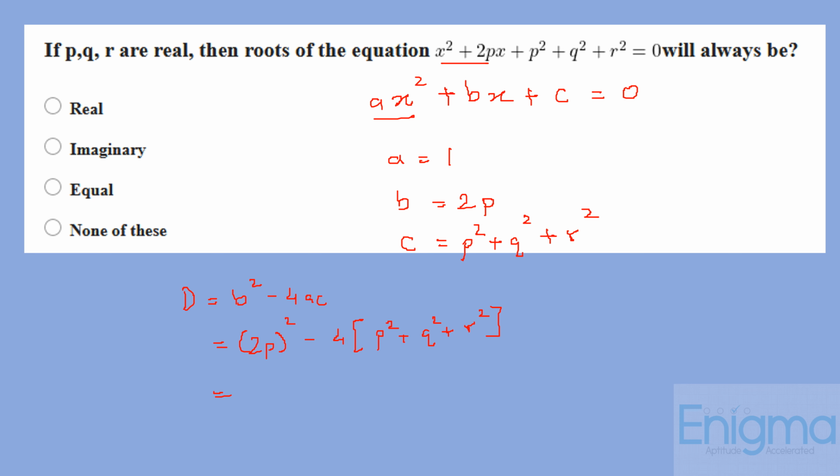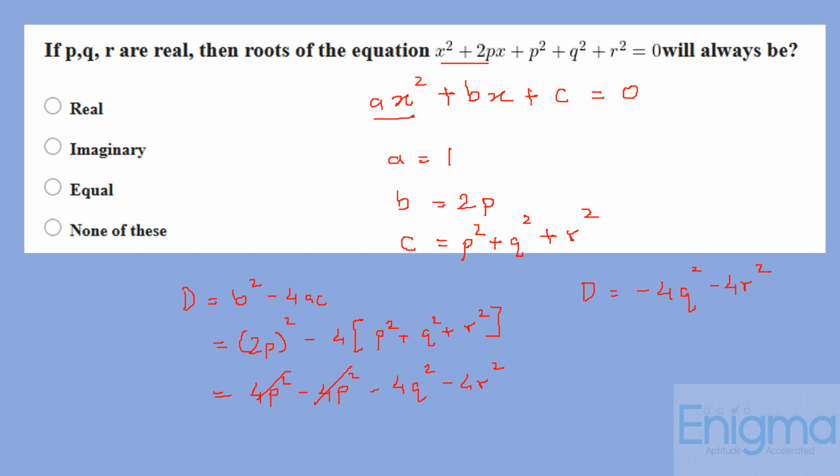So we have here 4p square minus 4p square minus 4q square minus 4r square. So 4p square gets cancelled out. We get the discriminant as minus 4q square minus 4r square.